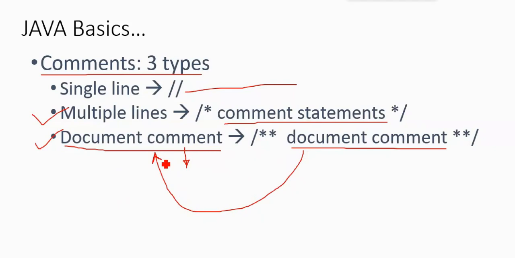If you forget what you have done, you can just refer to it. Otherwise, if you leave the company, someone has to continue that work. At that time also, we can refer to the documentation. For that reason, using this document tool, we can directly create the documentation. So there is a third type of comment available, that is the document comment.